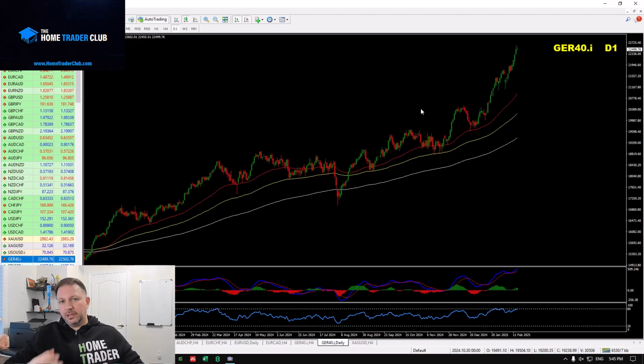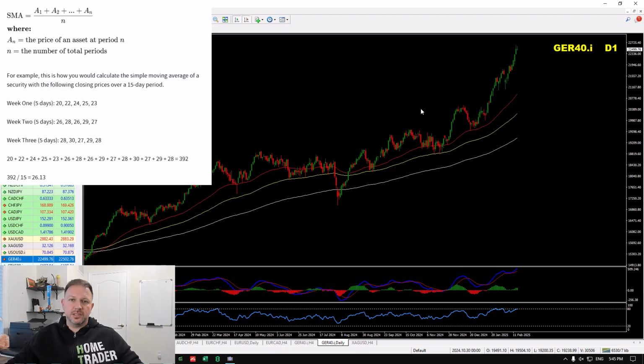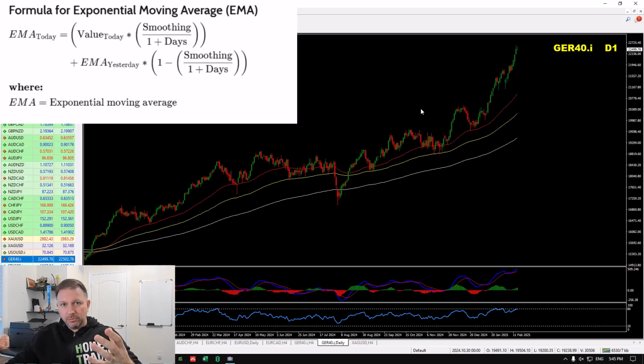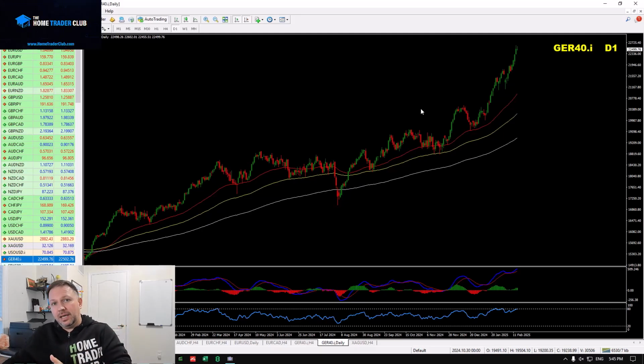While the simple, and here is the formula of the simple moving average, gives absolutely equal significance to each bar, the exponential moving average puts more value or more weight on the recent data.